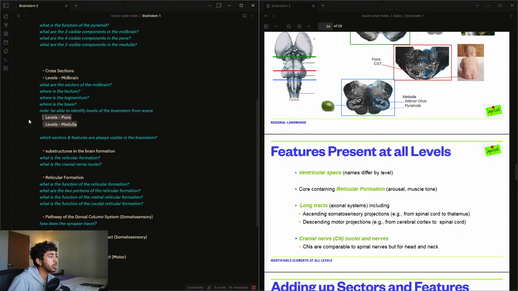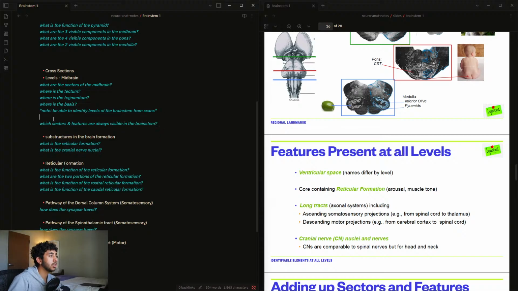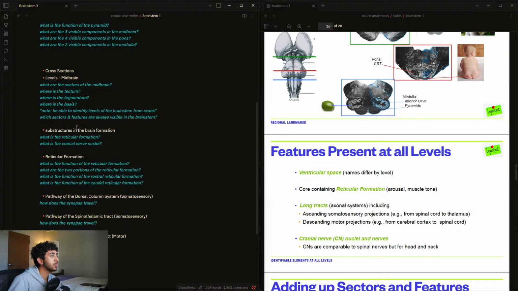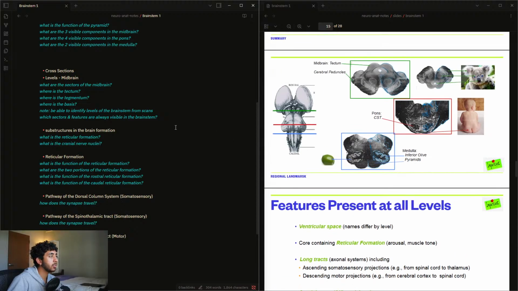I guess here we're not really trying to get into those, though. We're just trying to memorize it. Oh, whoa, whoa, whoa, what did I just do there? The equal sign is kind of nice. This is how to identify the different levels. Levels of the midbrain, so midbrain, pons, medulla, are the cross sections.